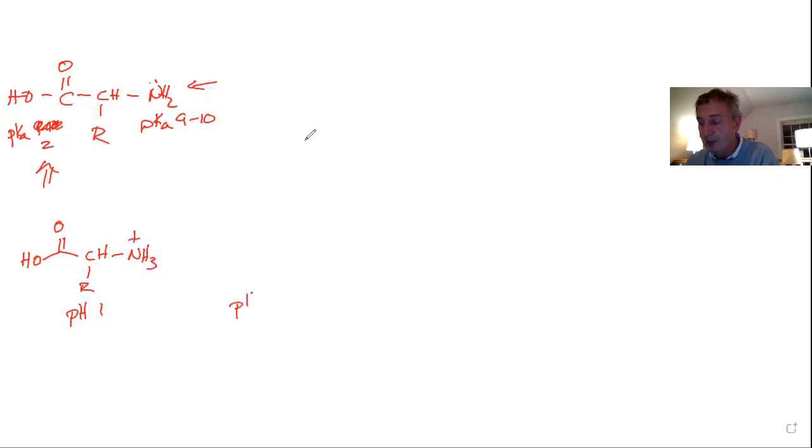At pH about 7, the carboxylic acid deprotonates, but to a large extent, the amine is still protonated.